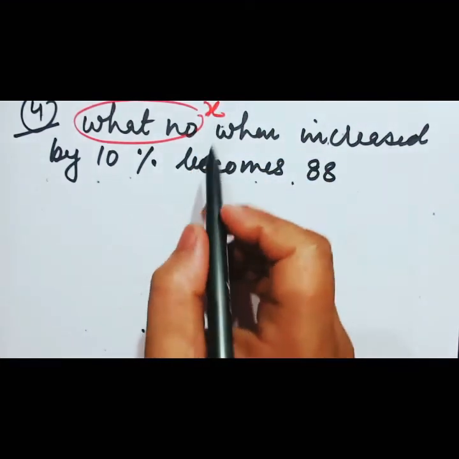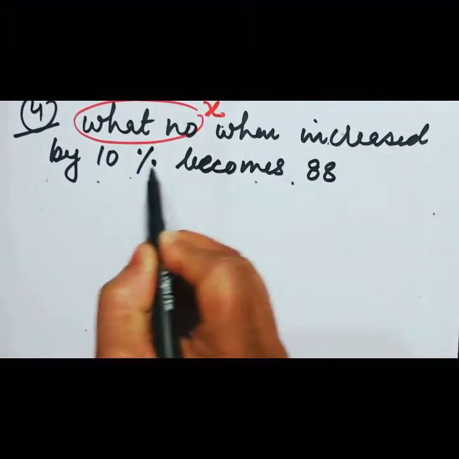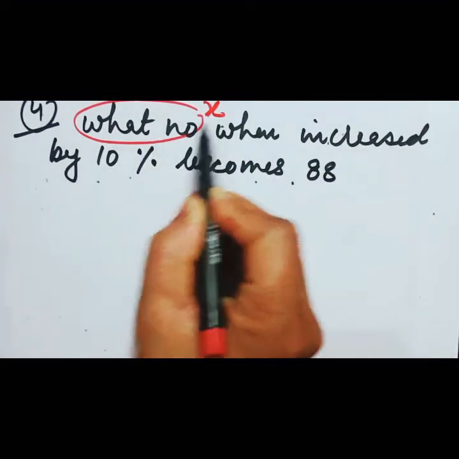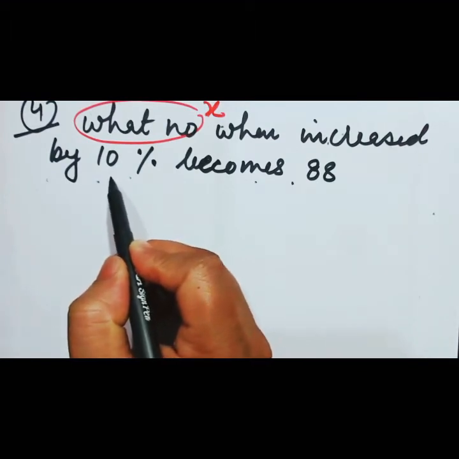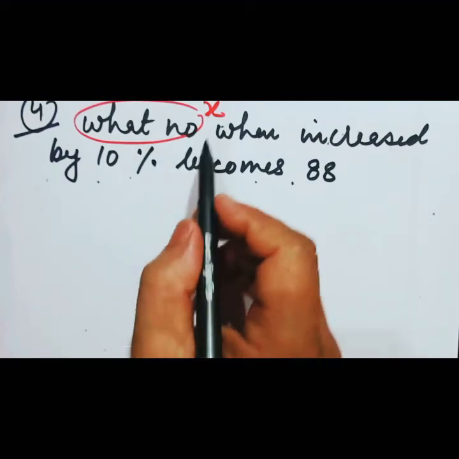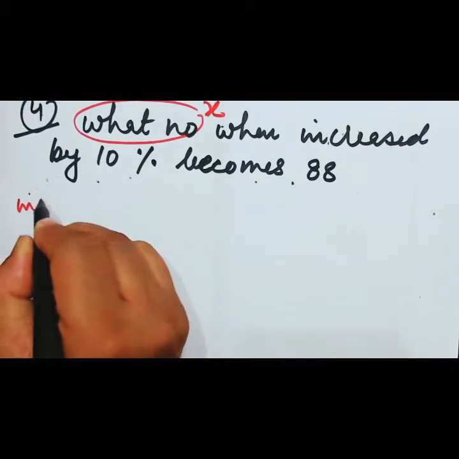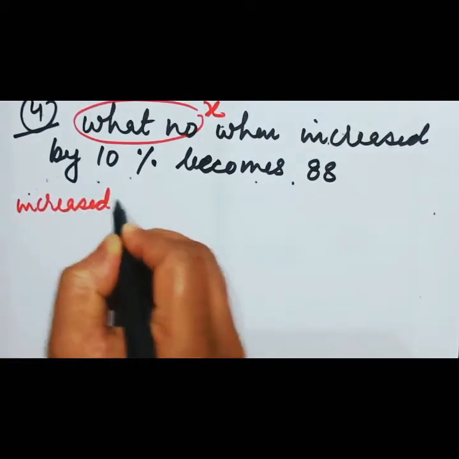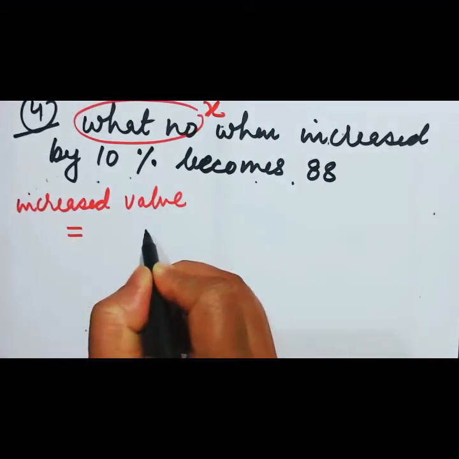Now let us read the same question once again. x when increased by 10%. So x when increased by 10%, do you remember the formula method of increase and decrease? So directly you can find out the new value, the increased value, will be equal to how much?